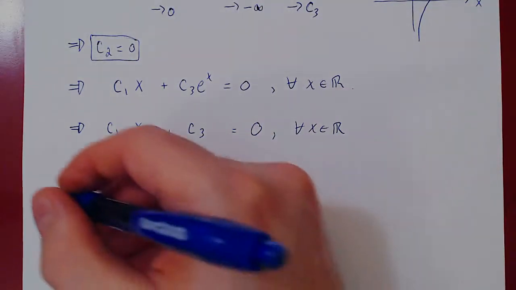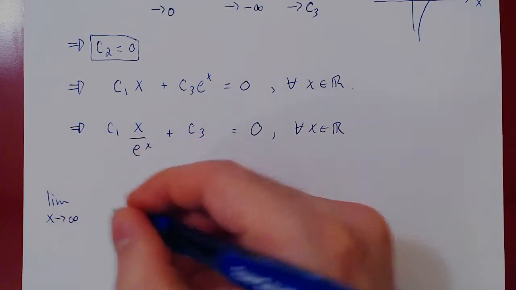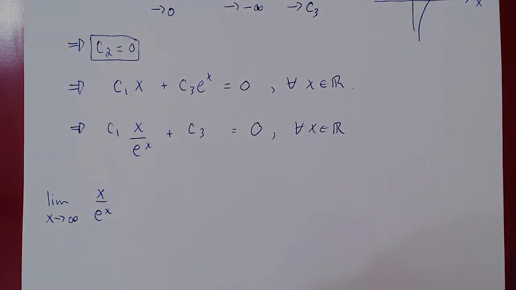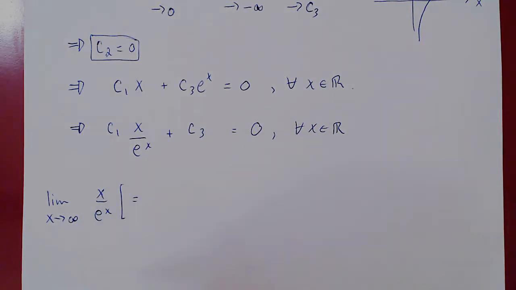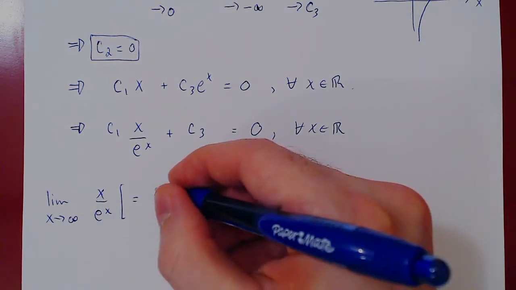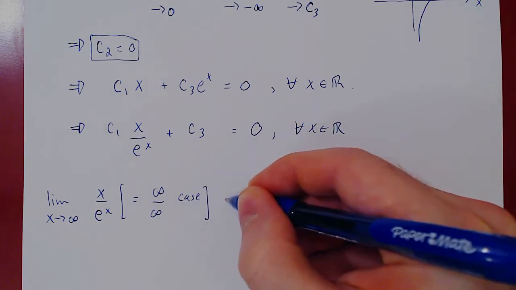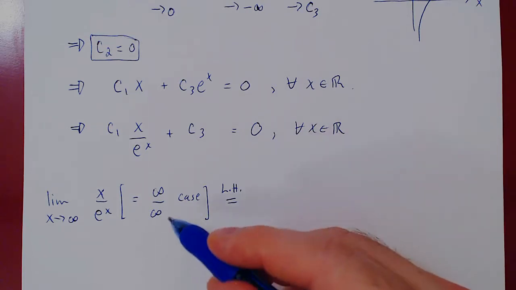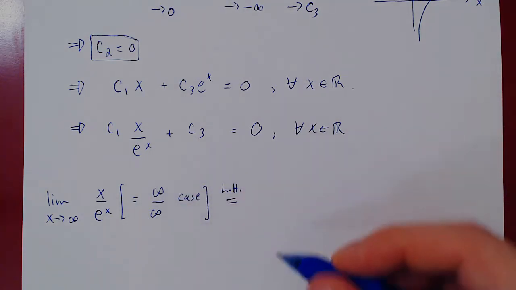Let's look at this term for a second. If we take the limit as x goes to infinity of x over e to the x, this will be a nice review of L'Hopital's rule. As x goes to infinity, x goes to infinity, e to the x goes to infinity, so we have an infinity over infinity case. We can use L'Hopital's rule, which works, if you remember, for 0 over 0 cases and infinity over infinity cases.